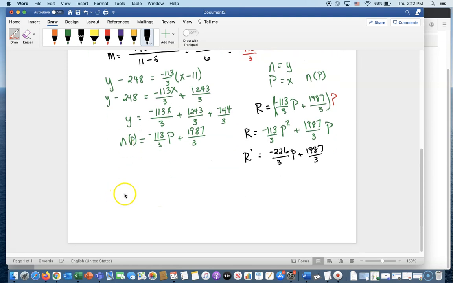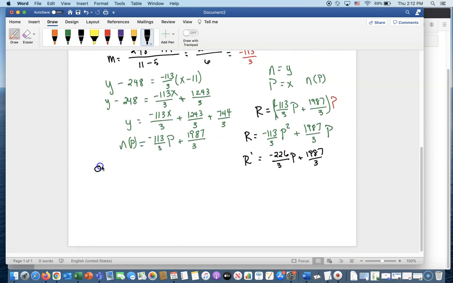Okay, so I'm finding out when is this derivative equal to 0, and that is going to tell me when there is a maximum. That takes you back to the stuff that we did right before the midterm, I believe. So we've got this, and on the other side we have negative 1987 over 3.